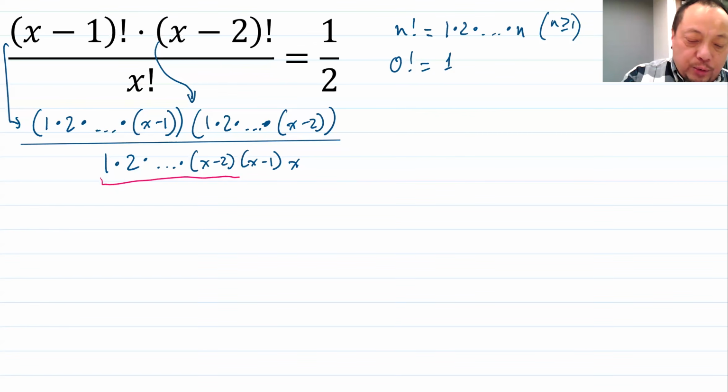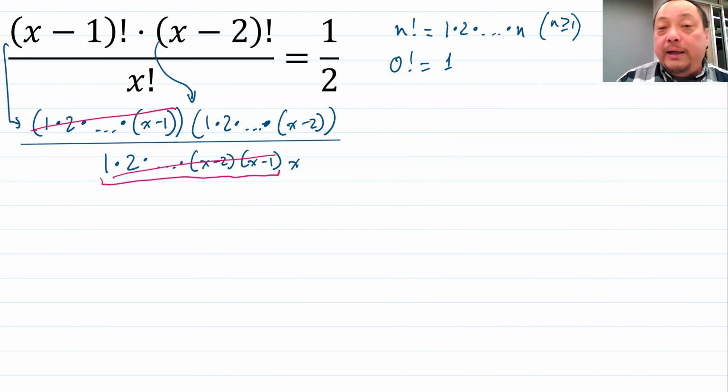All of this 1 through x minus 1 can cancel with the x minus 1 factorial on top. And the whole thing is left with 1 times 2 times all the way up to x minus 2, which I'm going to put back in its original form, x minus 2 factorial, divided by x.